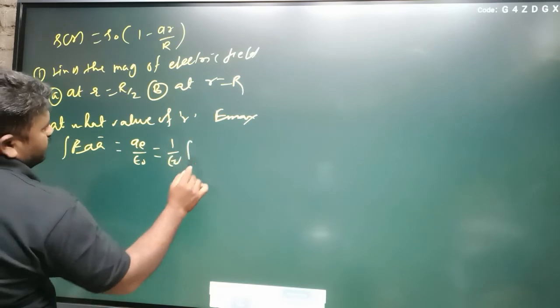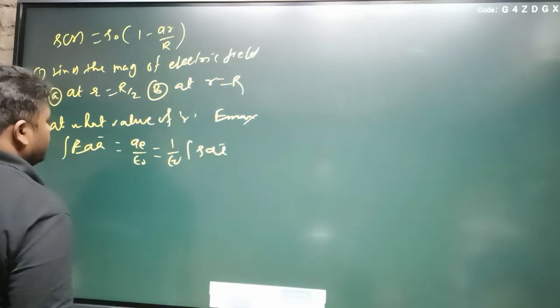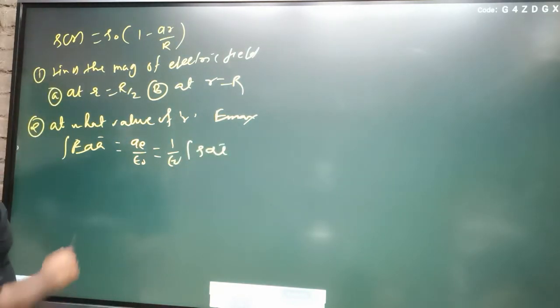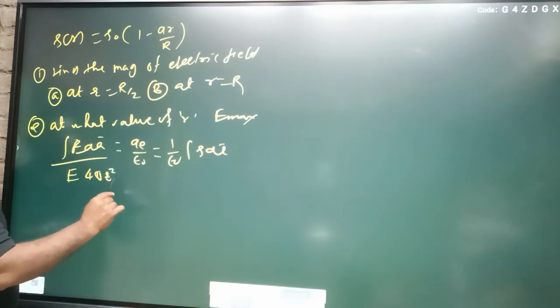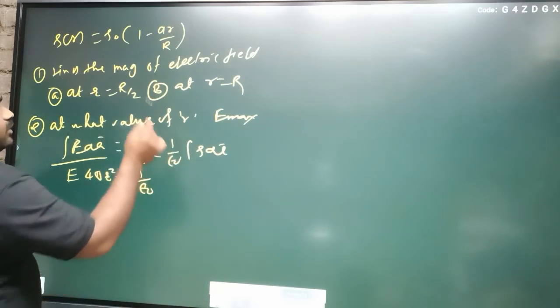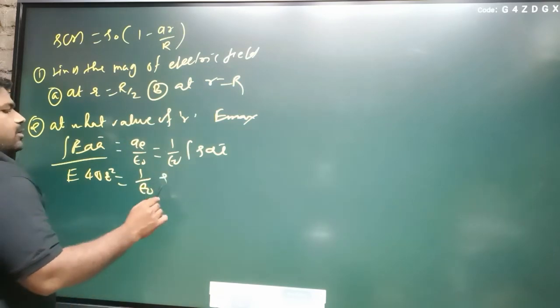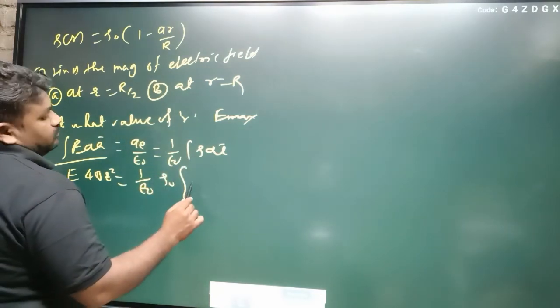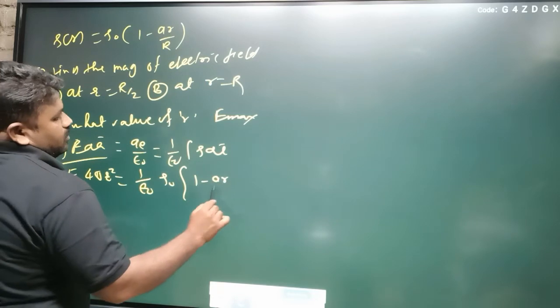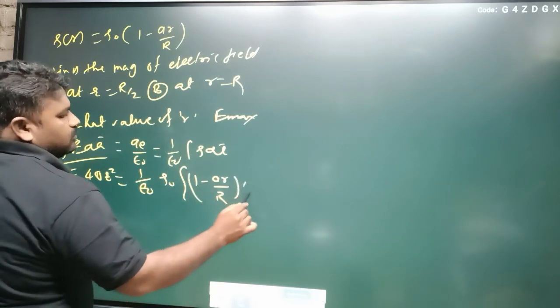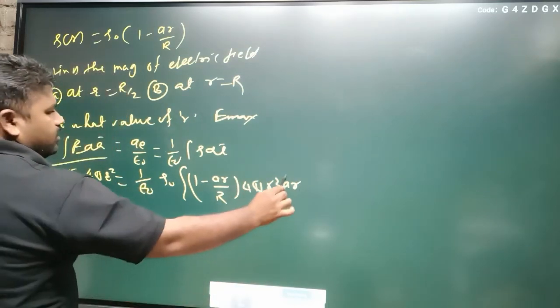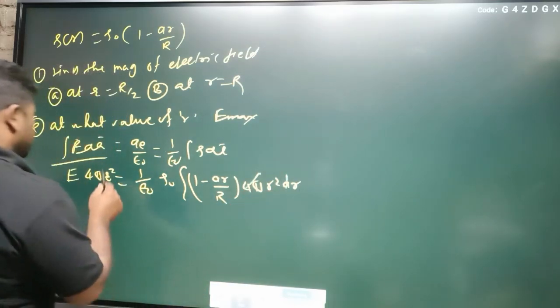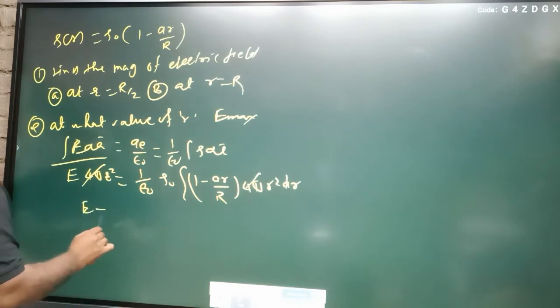So E into 4 pi small r square is equal to 1 upon epsilon naught times the integration of rho, that is rho naught (1 minus a upon r) into 4 pi r square dr. The 4 pi cancels. E is equal to how much?